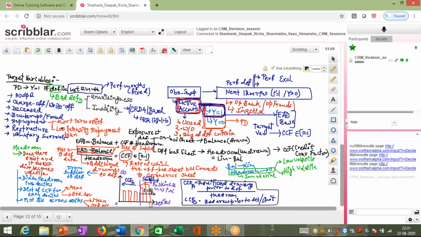And what is the target variable? The target variable is the CCF. Now, to calculate the CCF, the headroom plays a very critical role in the denominator. And over there, we need to understand whether it's a volatile or a non-volatile case. Based on that, the two definitions for CCF are created and the target variable is thus created.